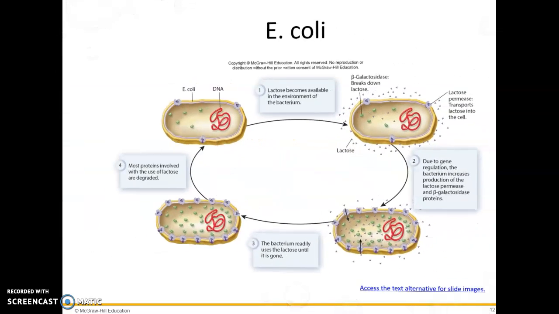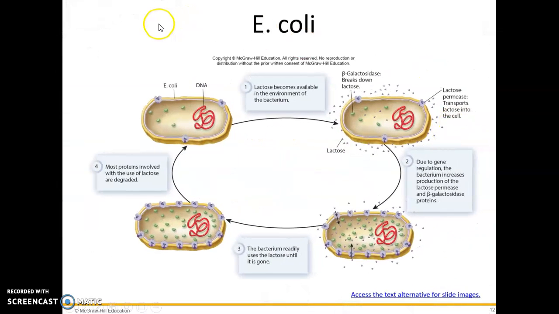Now, in a normal state, let's say a lactose-free state, meaning that there's no lactose available for E. coli to digest, it looks like this. There's some permease, there's some beta-galactosidase, but not much.